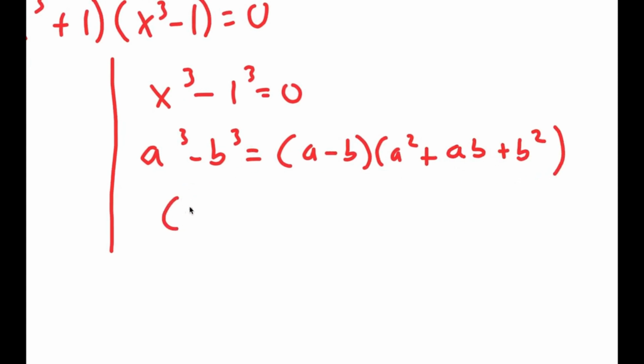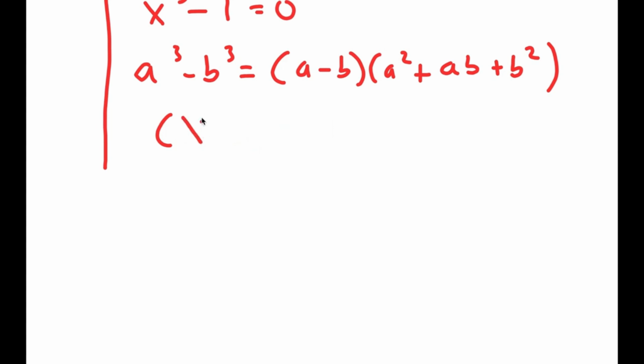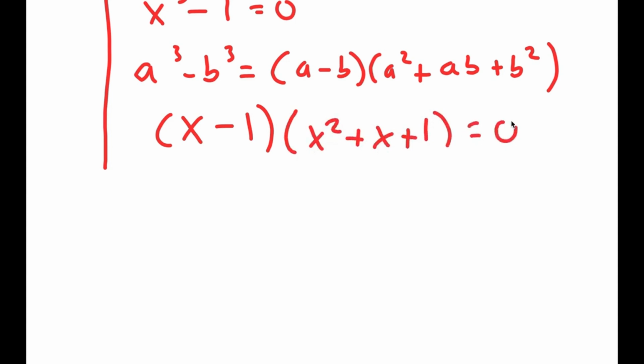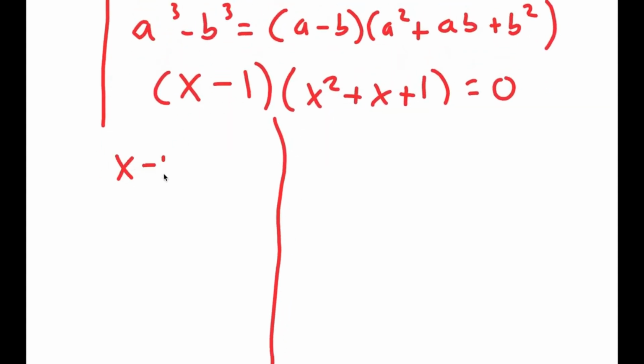So this turns into x minus 1 times x squared plus x plus 1 is equal to 0, which gives me yet another two equations.